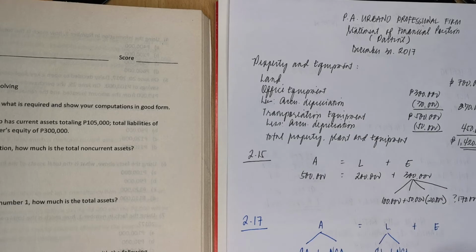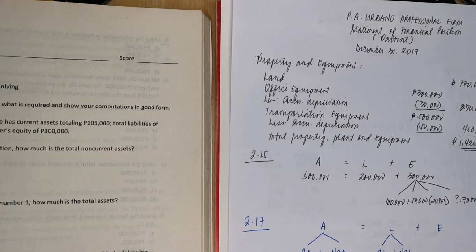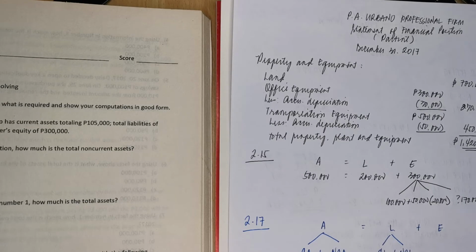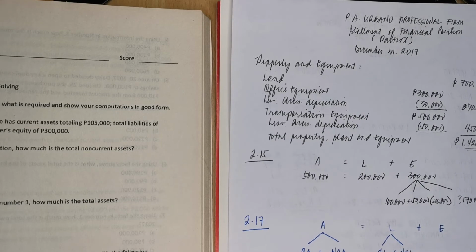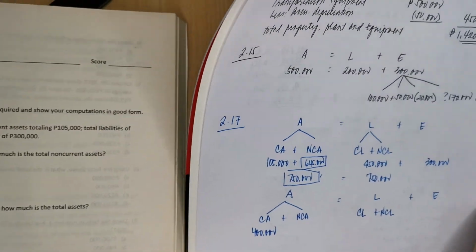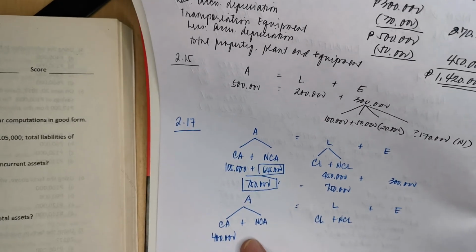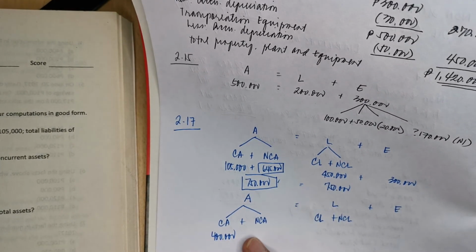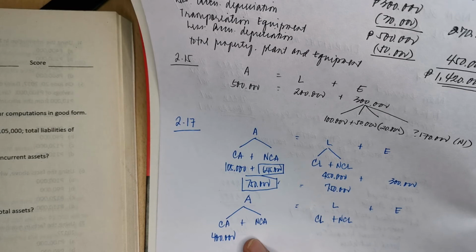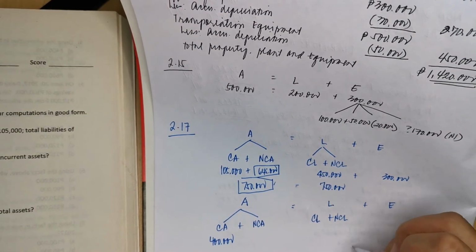Liabilities, total current liabilities plus non-current liabilities plus equity. Sabi niya, total current assets of 400,000. Okay. Total liabilities and owner's equity of 900. So total nitong dalawa is 900.